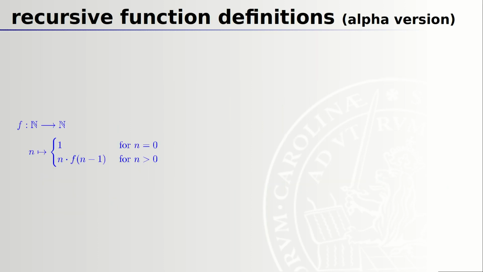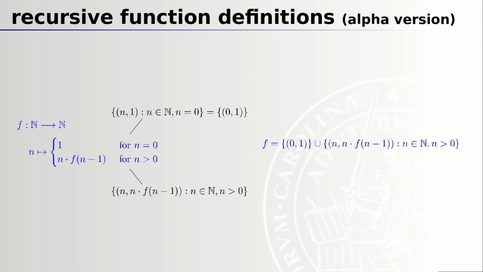So how would we apply this to recursive function definitions? Well, we could look at the partial mappings for each case and just build a union as before. However, in this case, this leads to a definition that is circular. That is, it uses the set about to be defined as part of the definition.